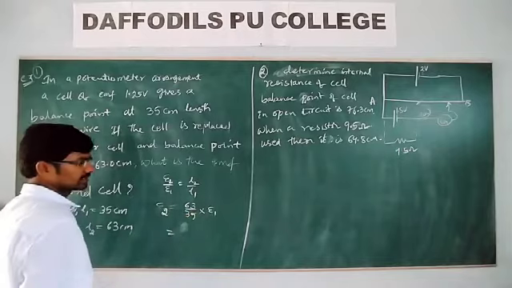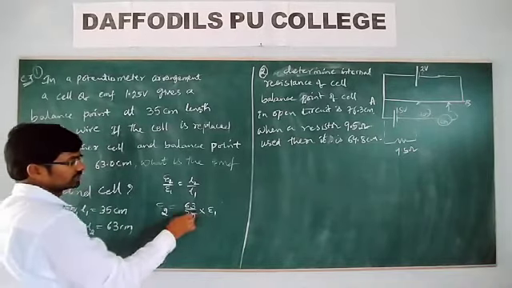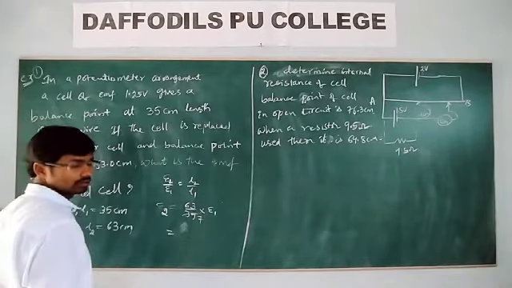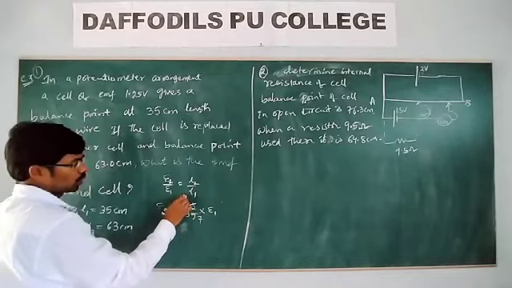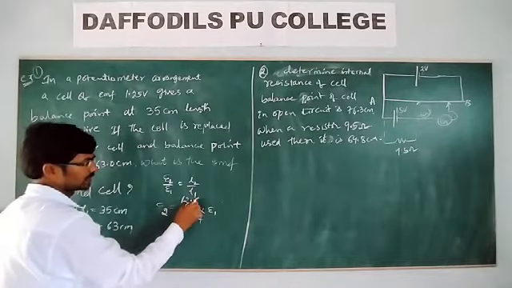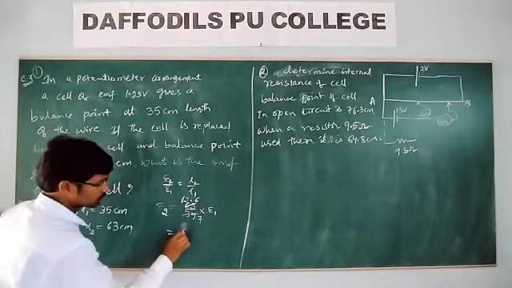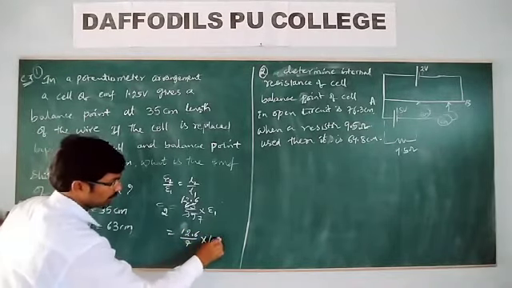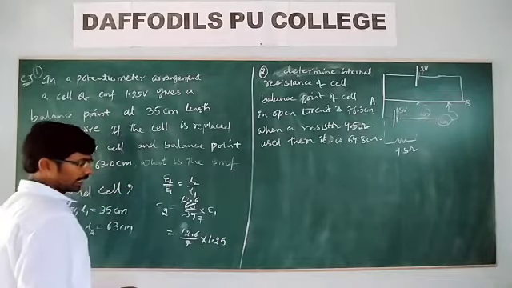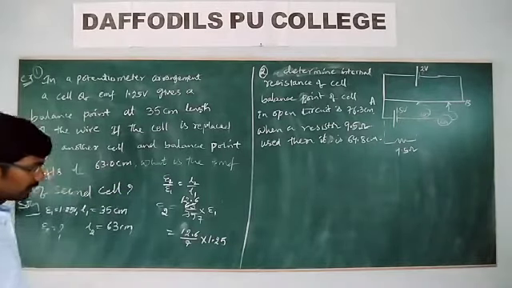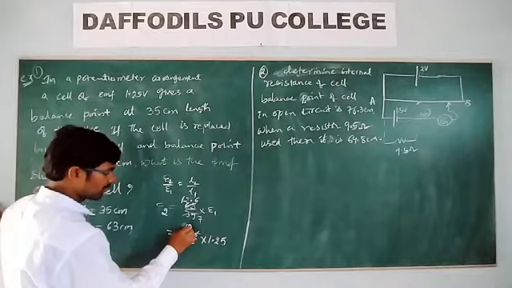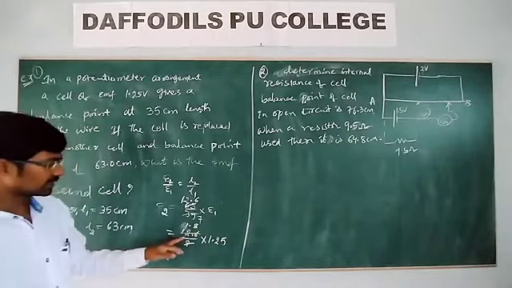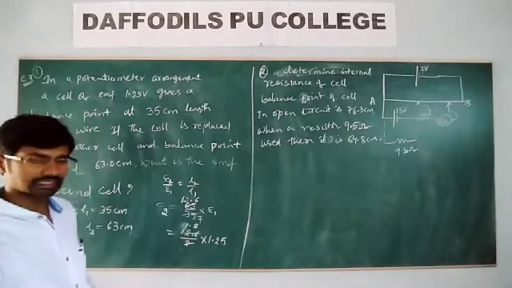So 63 by 35 is 12.6 by 7. So 12.6 by 7 into 1.25. Again here, how many times do we get? 1.8. 7 eights are 56.